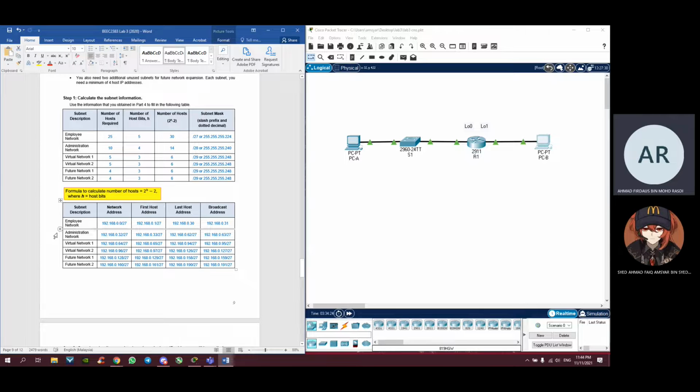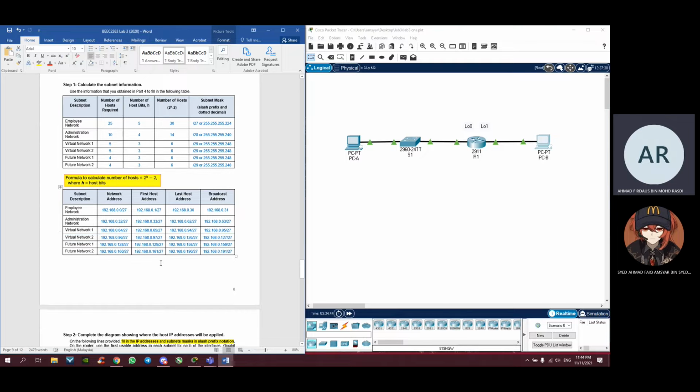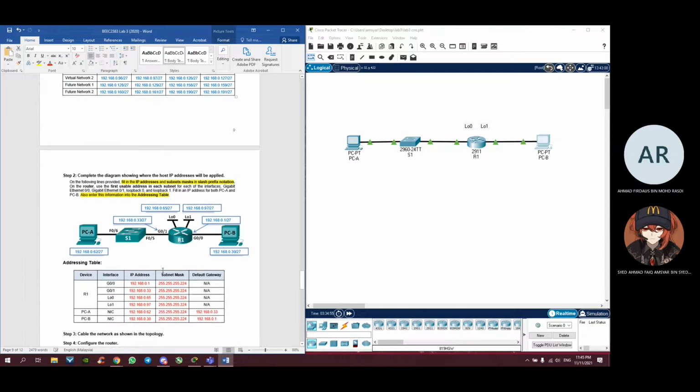For the first host address, we just add 1 to the network address, and for the last host address, we add 30 to the first host address and minus 1, and for the broadcast address, we just add 1 to the last host address. The same step is made on each and every one of the six rows of data.